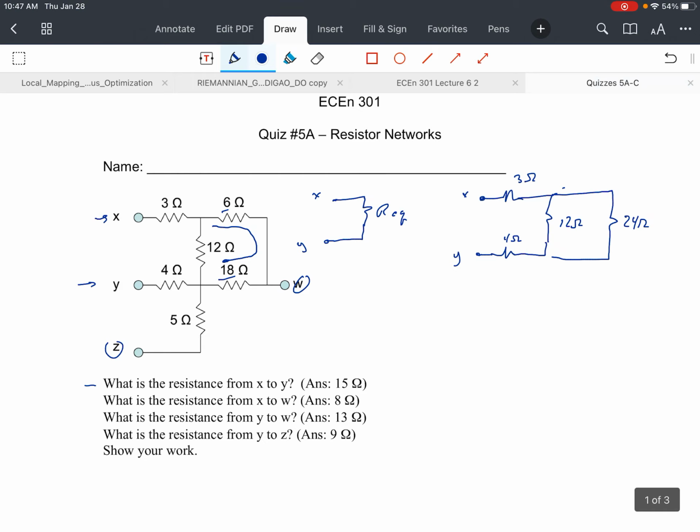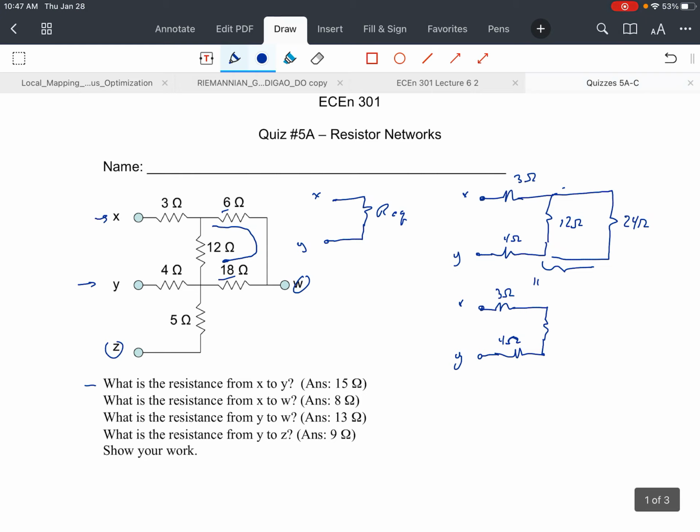Okay, now we have these two resistors in parallel, and then another resistance here, 4 ohms, and that'll be Y. Let's see, I'll use my little calculator here.